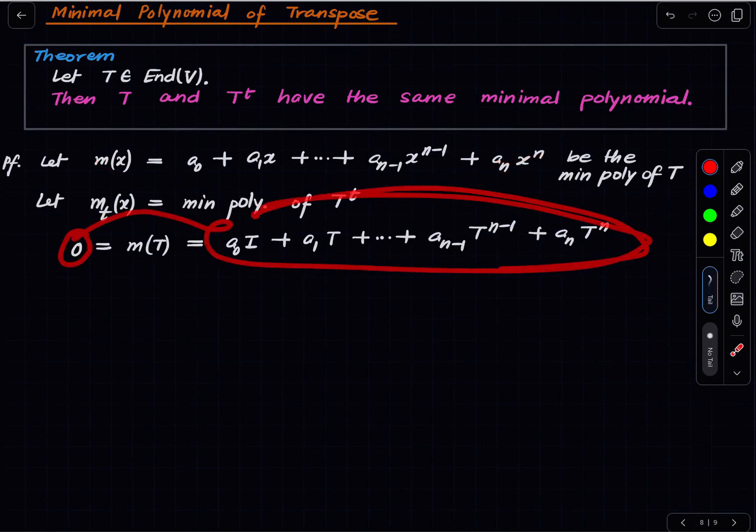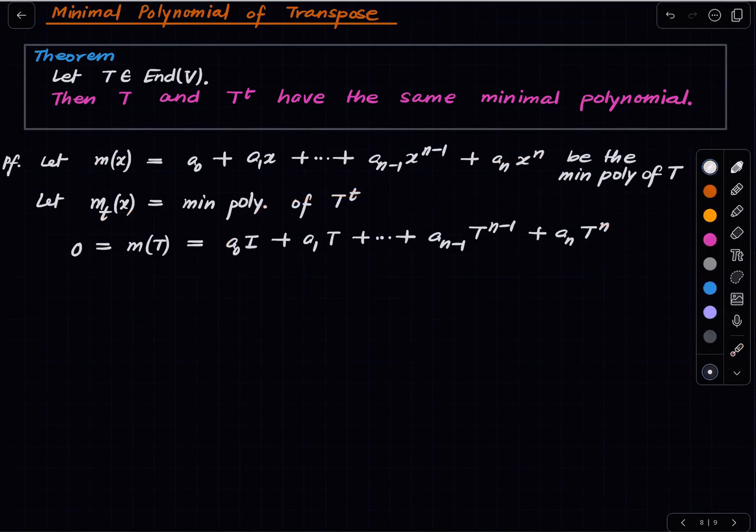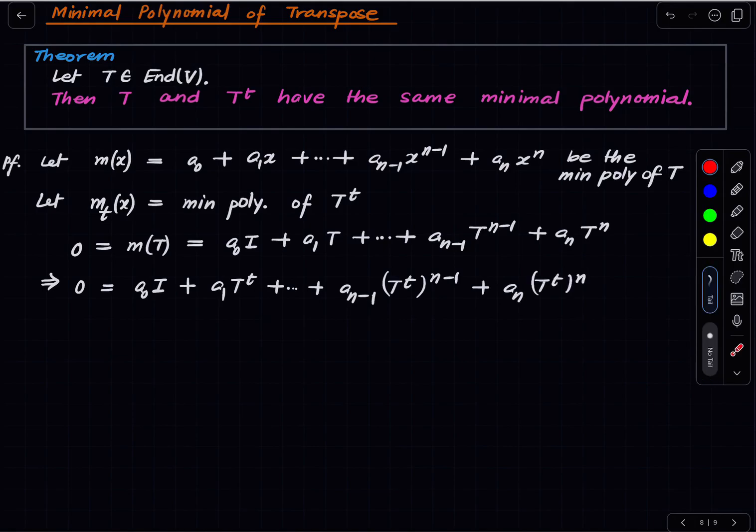And now we take transpose of both sides. So we get 0; the transpose of identity is identity. This is that. We are just using some basic properties of the transpose. So in particular, we are using the fact that if you take the transpose of square, you get square of transpose, and similarly for other powers, and the transpose distributes over summed endomorphisms, and so on and so on.